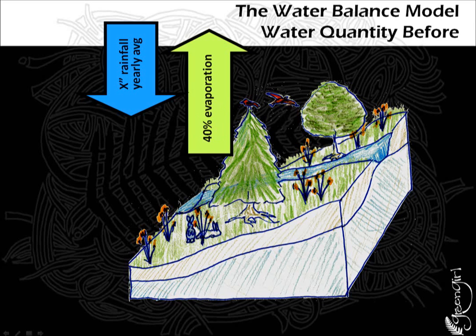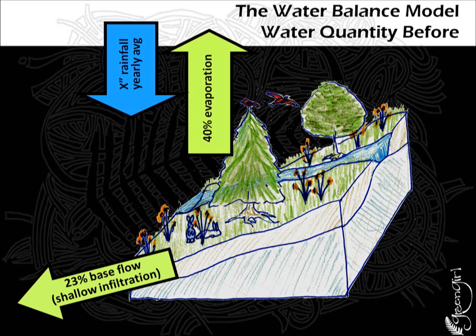So not unreasonable. And on an average annual basis, a certain portion goes to become base flow. So it passes through the soil. It's not evapotranspired out through the roots of the trees. That's already been done. The soil's just too saturated, and it starts to fill up the pores of the shallow layer of soil and flow downhill.